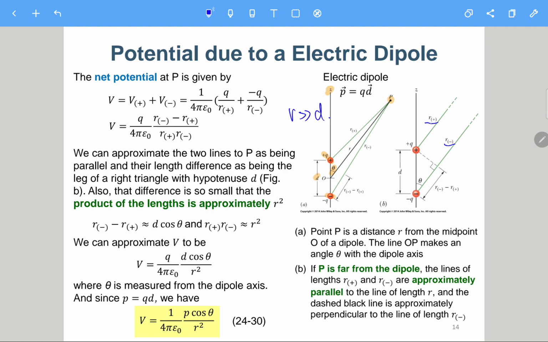So now we assume this line and this line are parallel to each other, and in this case this is R plus, this is R minus.